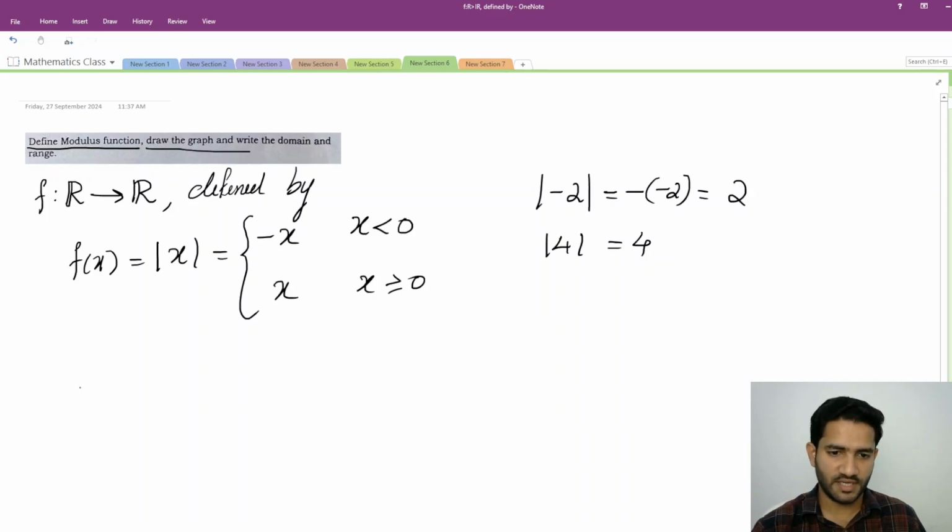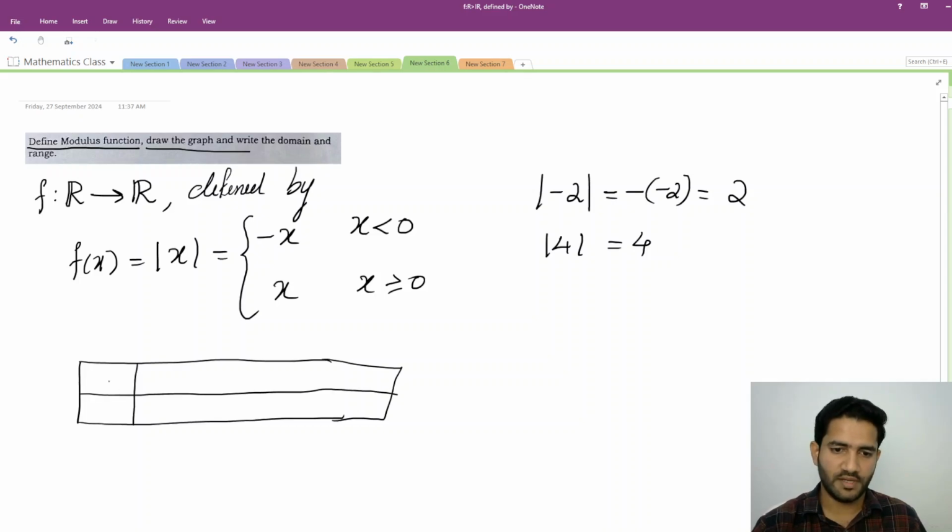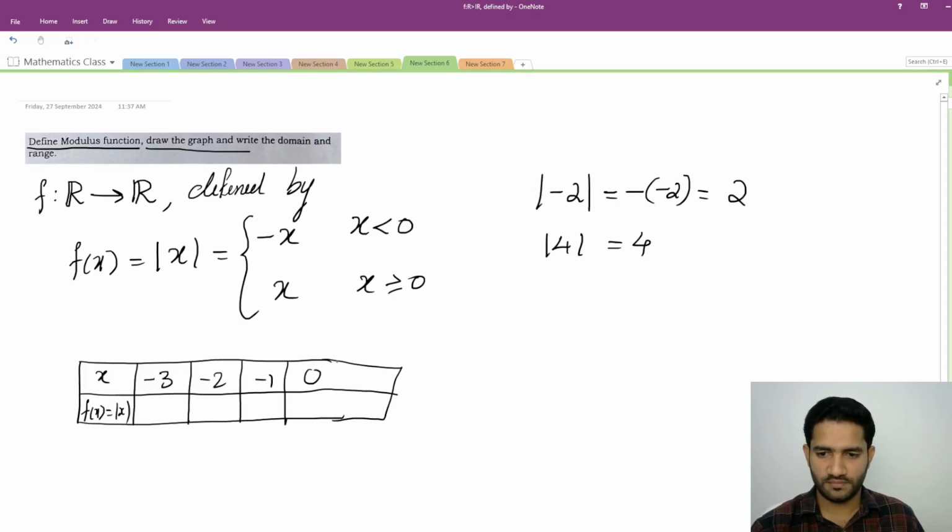For drawing the graph, we are just considering some arbitrary values. So mostly we prefer minus 3 to 3. Here x value, here the function f of x equal to mod x. So we want to start from minus 3, minus 2, minus 1, 0, 1.